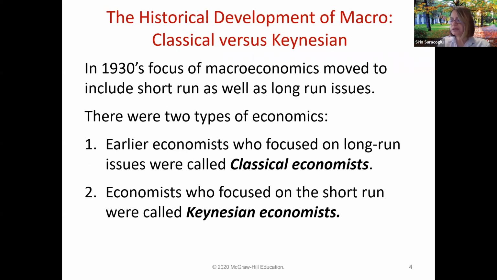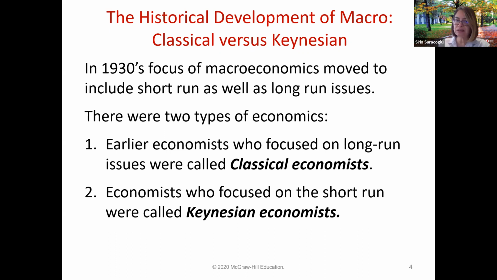First, we start with the classical economists, going all the way back to Adam Smith. They believed that through the market forces, through free market forces in the long run, the economy would always produce at its potential or its full employment level of output. We are going to talk about what this full employment level of output is.